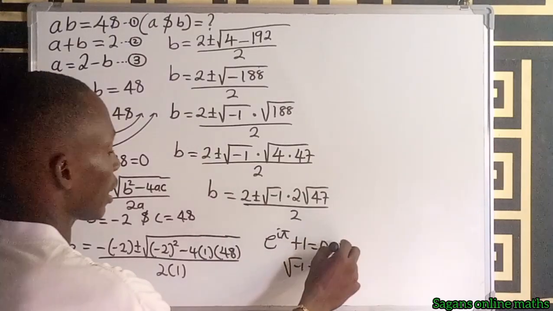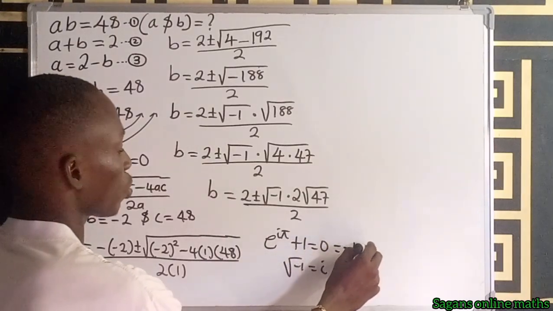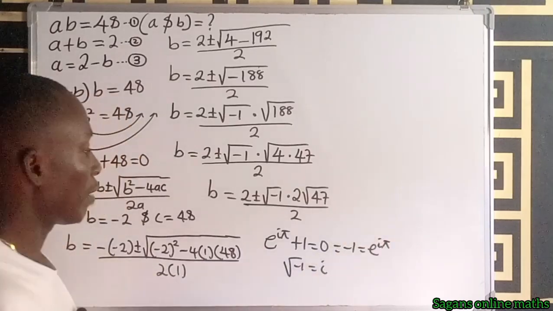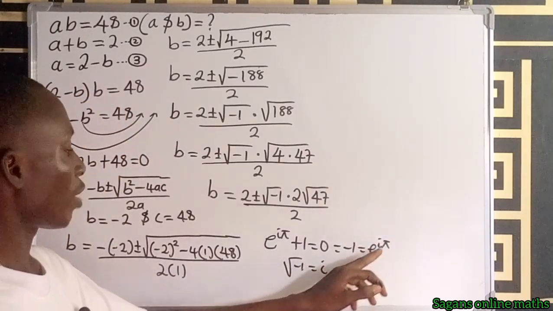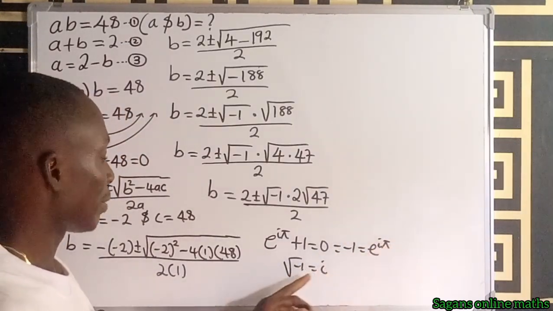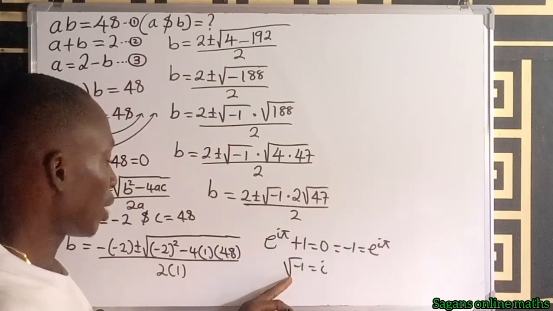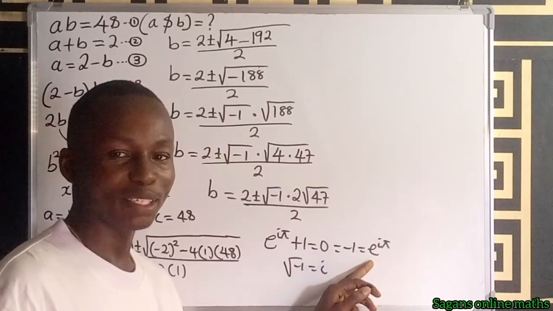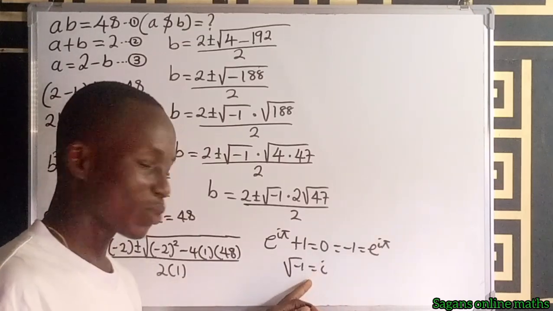Take note that from here, minus 1 is equal to e to the power i pi. You can take either, but let me take this to make it smart and simple. This is also correct.